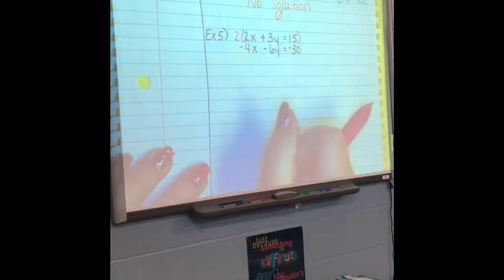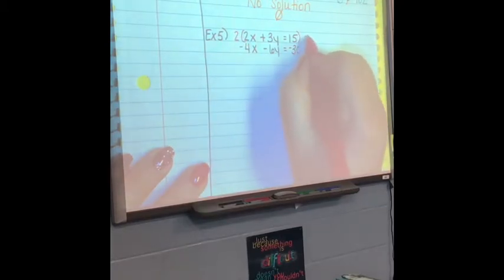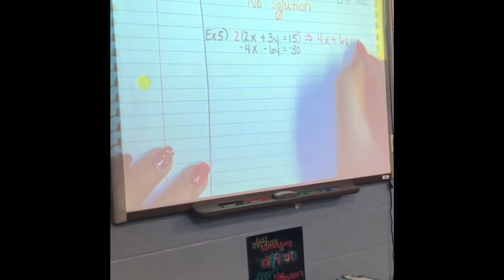Does everybody agree? All right, so I'm going to end up with 4x plus 6y equal to 30. And I'm going to go ahead and bring over the other one. Negative 4x minus 6y equal to negative 30. And I start seeing something's definitely happening here, right?